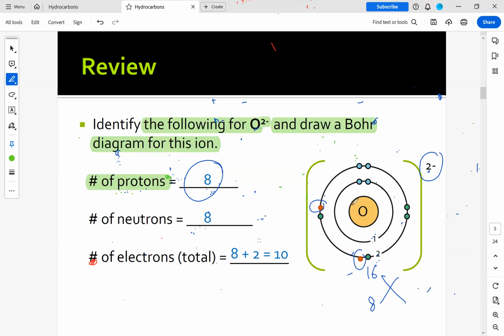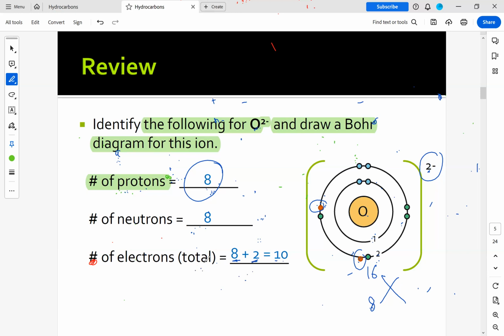Yeah. Okay, and you see, we gave her. Because this is 2, and here it was 6, and she got 2 more. So this means that this oxygen gained 2 electrons to be saturated. The number of electrons is 8 plus 2 equal 10.